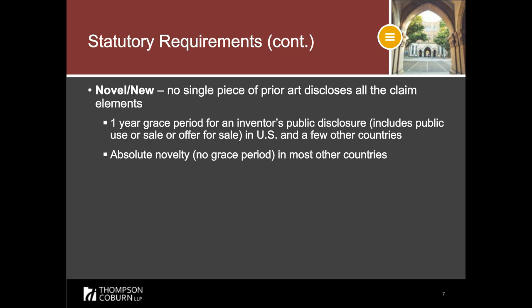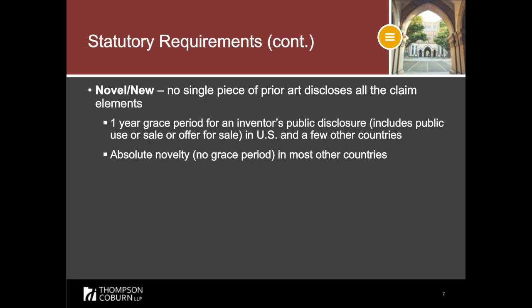And in the U.S. and a few other countries, you have a grace period. So if you're able to get your invention on file within 1 year of an inventor's disclosure, you can still file your application. In absolute novelty countries, you don't get a grace period, and one of those would be Europe, and there's quite a few others.